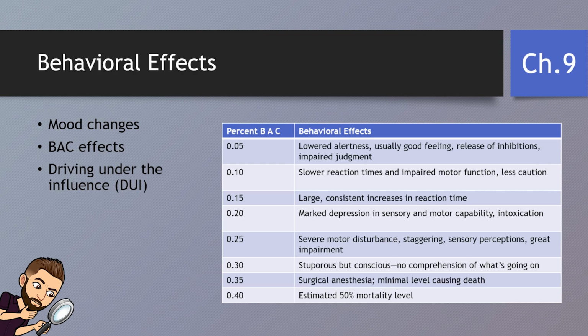We see a really sharp increase in the risk once we get to about that 0.1 BAC level. That's why typically in the US, 0.08 tends to be the legal limit, though there is still quite a risk even at that limit.